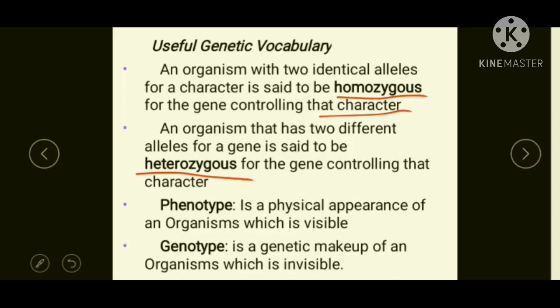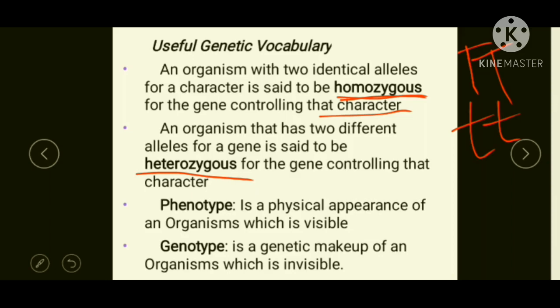So when an organism receives two identical alleles for the gene controlling that character, we can say it is homozygous for that character. That means when it receives tall or short for the character of plant height, for example.